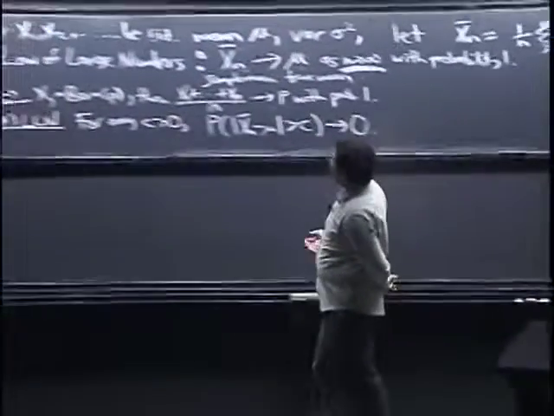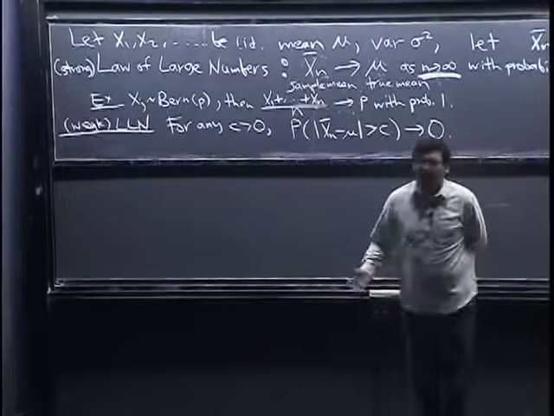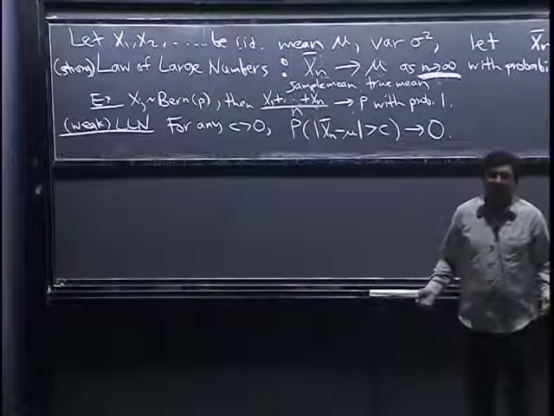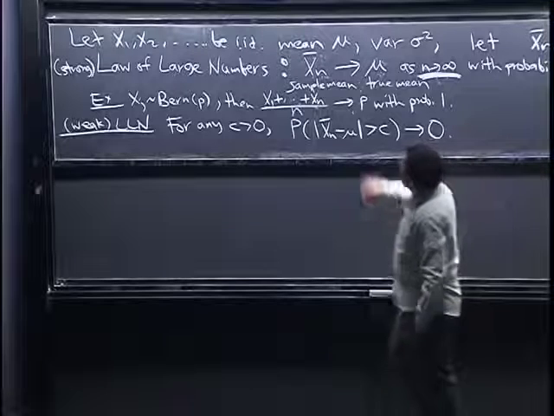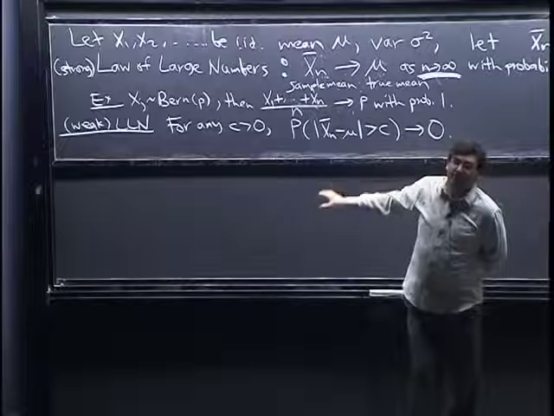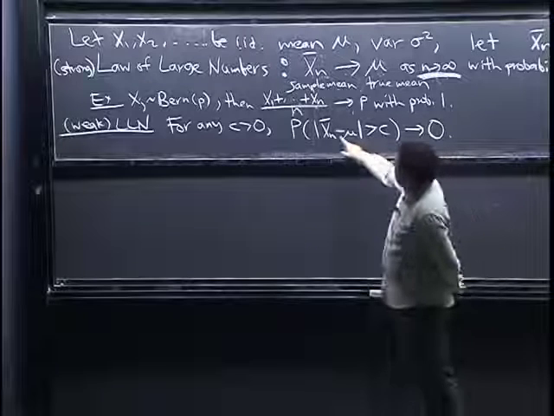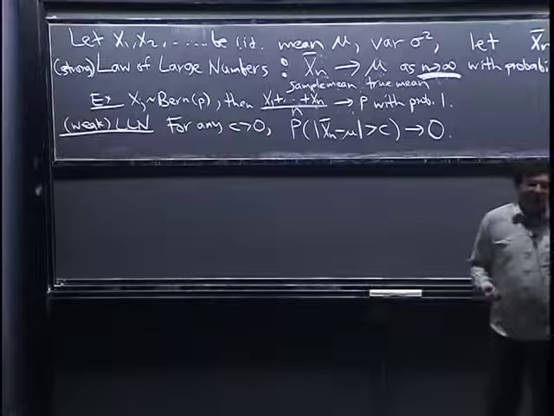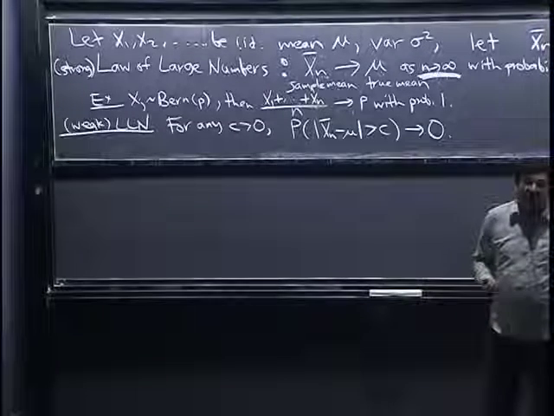It's not exactly equivalent. It's possible to show, with some real analysis that is not necessary for our purposes, that once you've proven this statement, it implies this form of convergence. This is called convergence in probability. But the intuition is very similar.